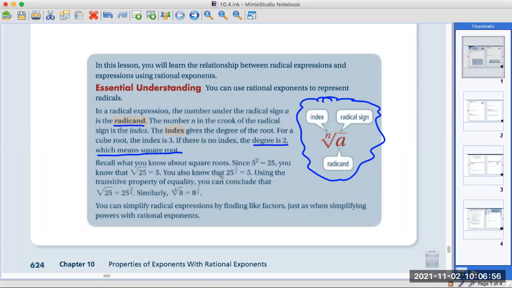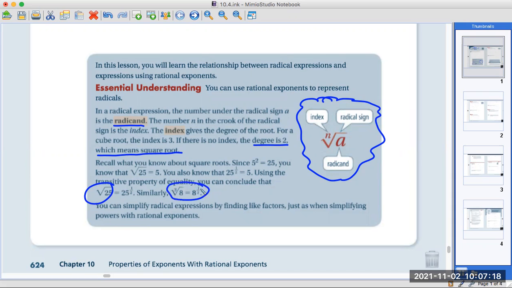You also know, which you don't really know, that's what I'm showing you today, that 25 to the power of 1/2 is 5, because the power of 1/2 simply means the square root. The third root of a number would be the power of 1/3. So this is how these are related.